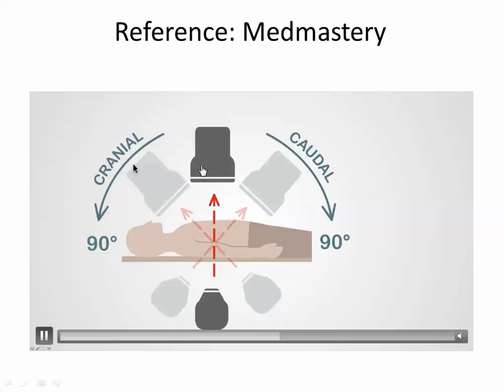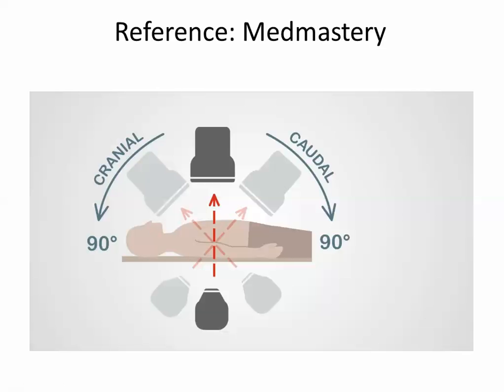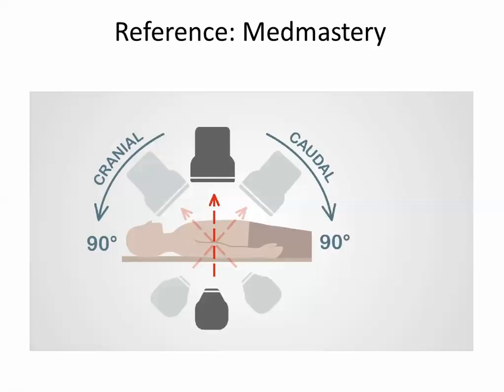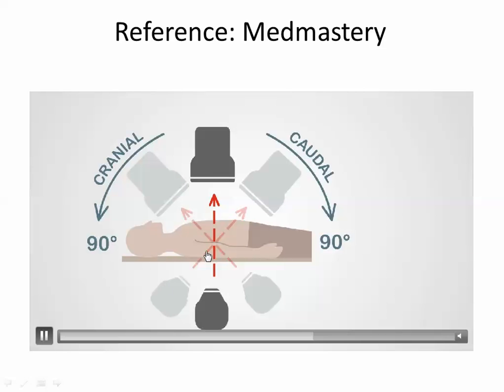The RAO and LAO can go to 90 degrees, or even more in some cases. But for the cranial and the caudal, it is obstructed by the patient's face and body, so it is not more than 50, to a lesser extent.